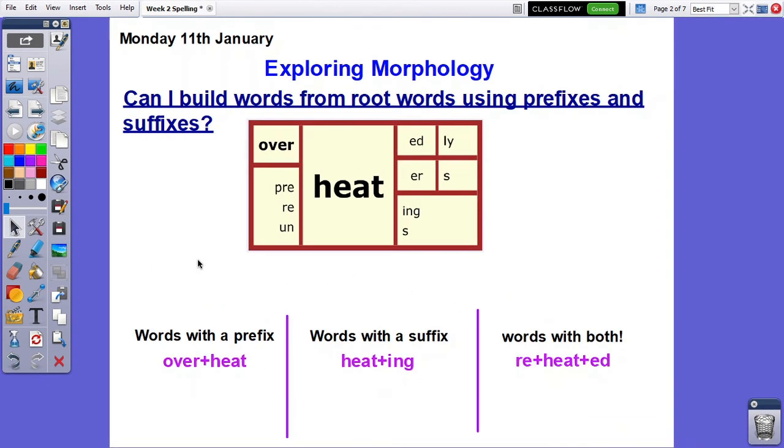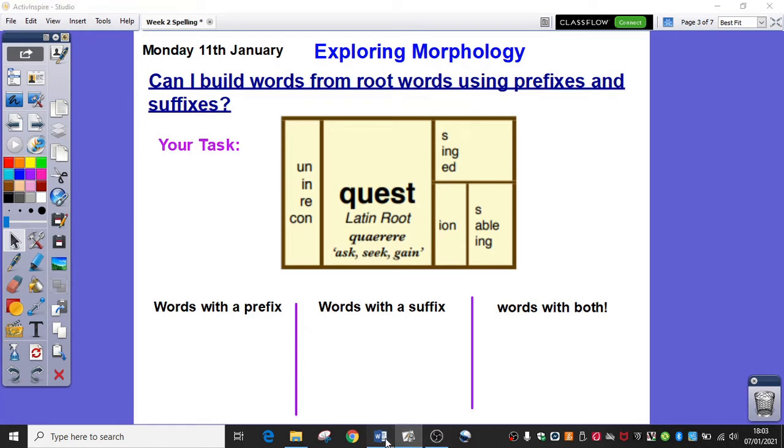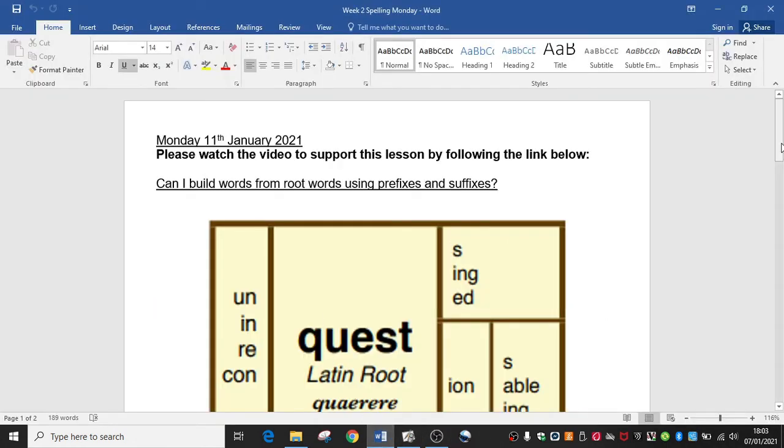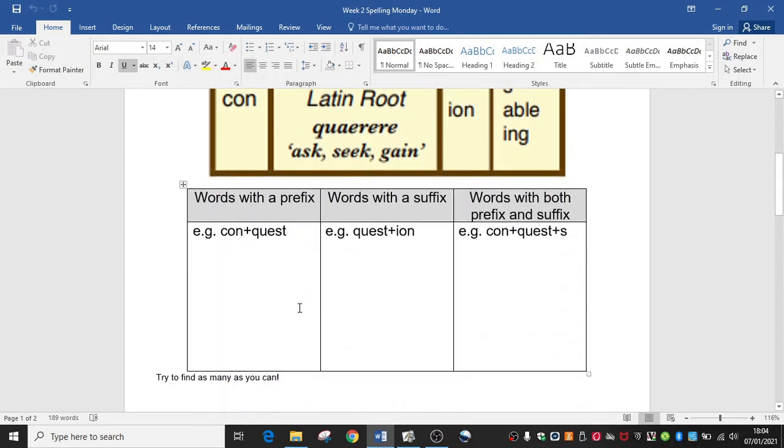Okay, so you get the idea, and now what I'd like you to do is to have a little look at this spelling matrix. So you've got quest, which is a Latin word meaning ask or seek or gain, that's quest. And if I go to the sheet that we have sent you, you've got that on your sheet there with a table just like I have completed on the previous slide.